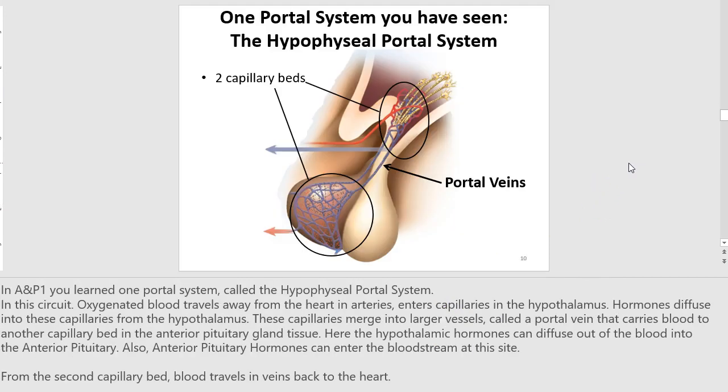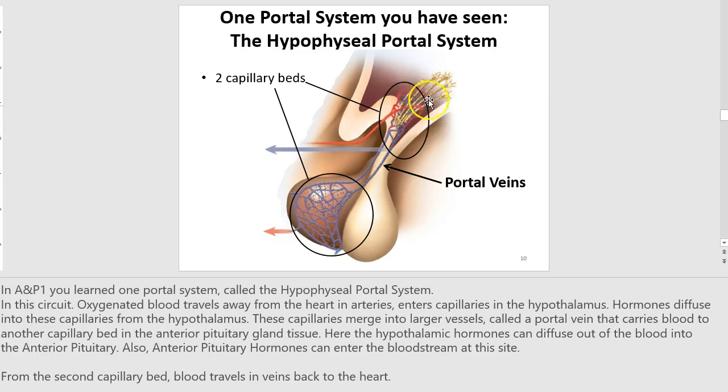You really have seen one portal system already in A&P 1. It was called the hypophyseal portal system. In this circuit, oxygenated blood travels away from the heart in arteries to capillaries, and these capillaries are in the hypothalamus.